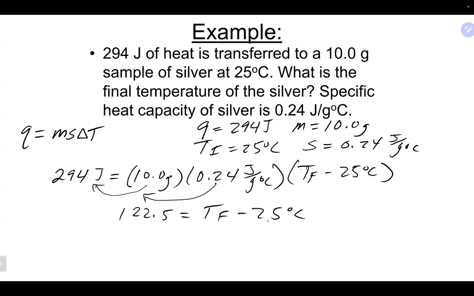We then are going to add this to the other side. And when we do that, plus 25 gives us a final temperature of 147.5 degrees Celsius. First off, any question on the calculation part? We're going to talk sig figs here in just a second, but any questions on the calc part?